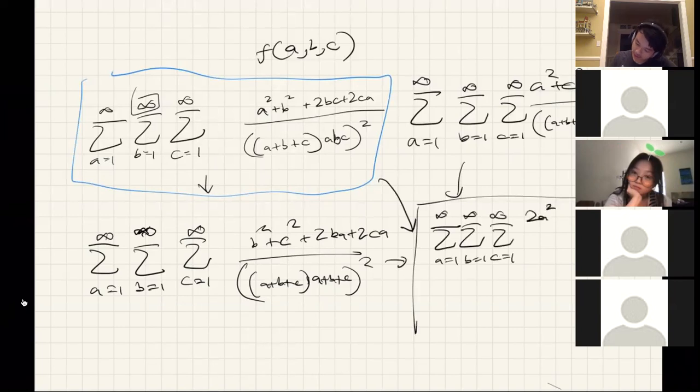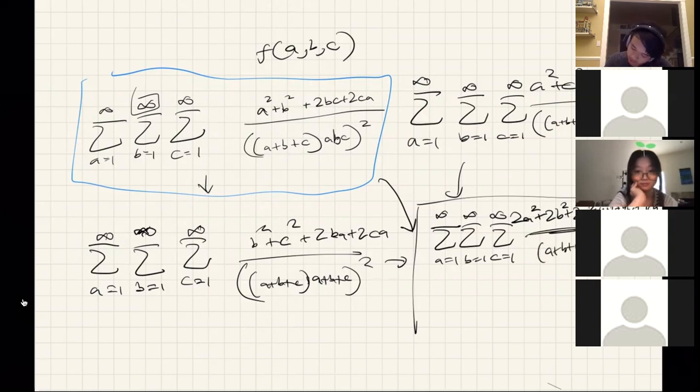We get 2a squared plus 2b squared plus 2c squared plus 4ab plus 4bc plus 4ca, over the same denominator, right? Because the denominators are all the same, we're lucky.